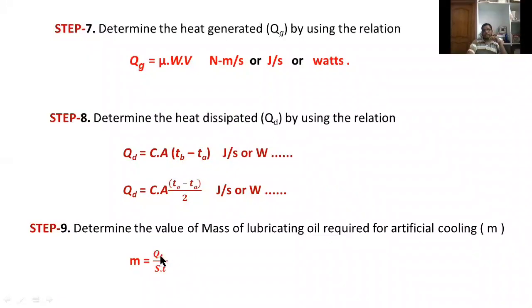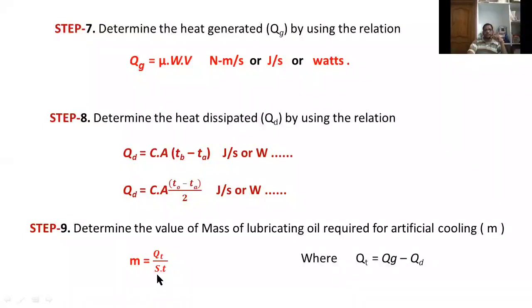Qt is the difference between the amount of heat generation and heat dissipation, Qt equal to Qg minus Qd. Qg is from step number 7, and Qd is from step number 8.